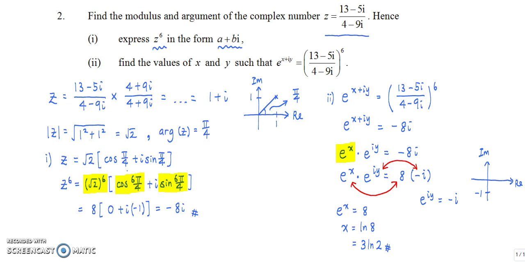And this tells us very clearly that the argument of this complex number, the angle, is turned in a clockwise direction with a magnitude of pi over 2. So therefore, we can conclude y is equals to negative pi over 2. This y value is one of the possible values that we can get. And this concludes our question 2.